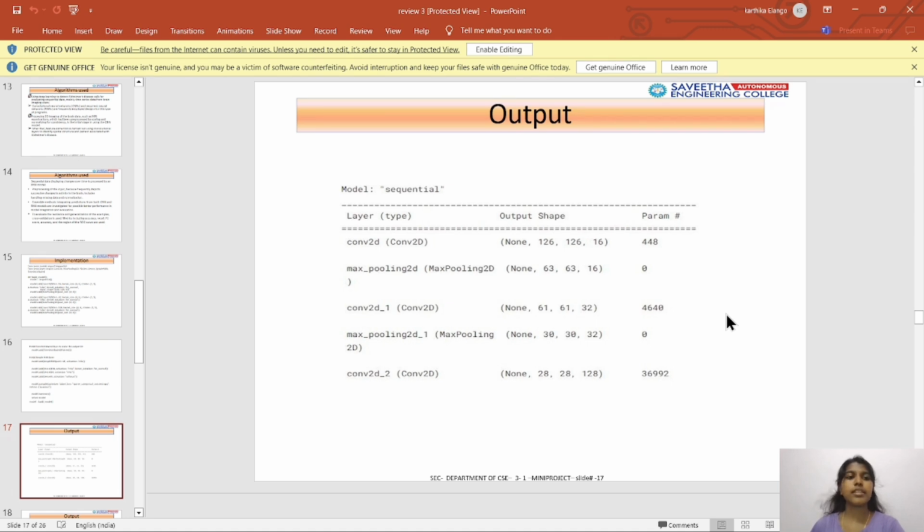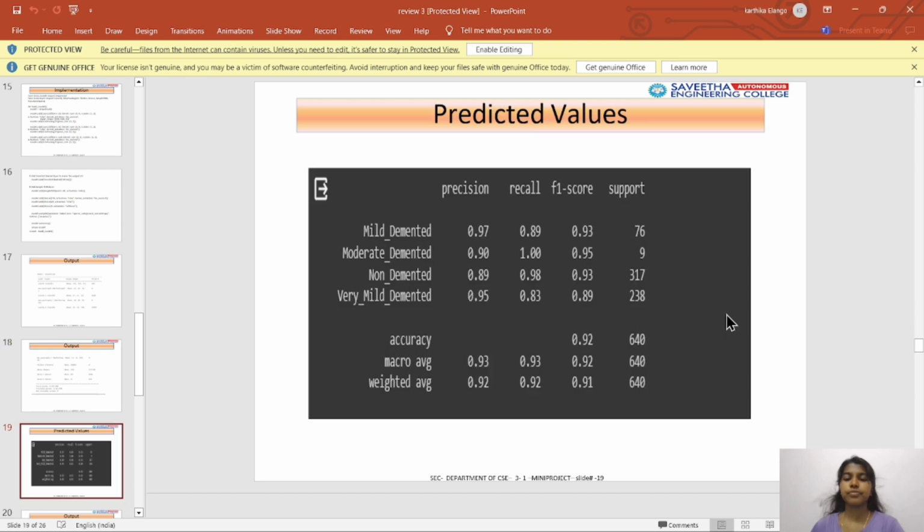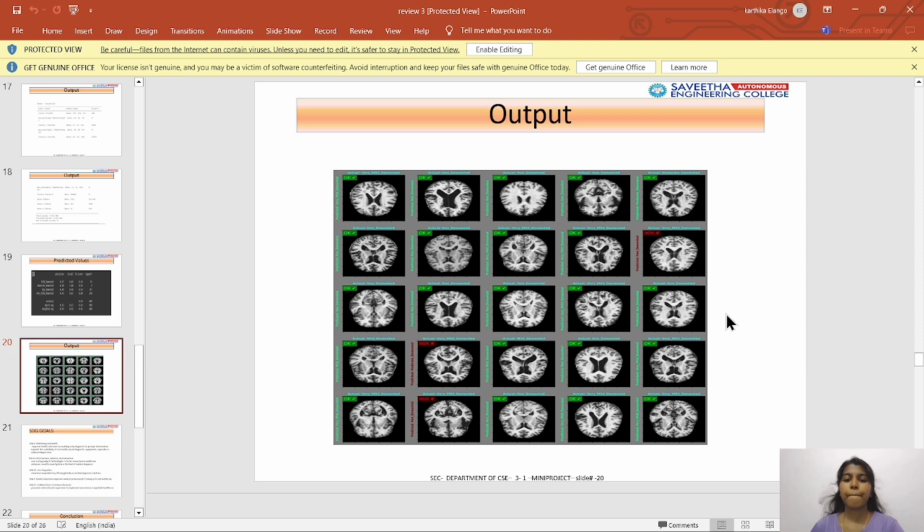The output shows that the results of our model indicate promising outcomes in predicting Alzheimer's disease from brain MRI images. The model's predictions will contribute to early detection, which is vital for patients' care and interventions. These are the predicted values, showing whether a person has Alzheimer's or not.